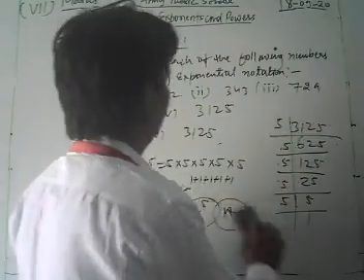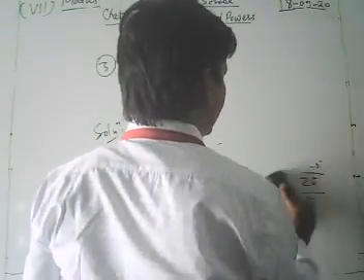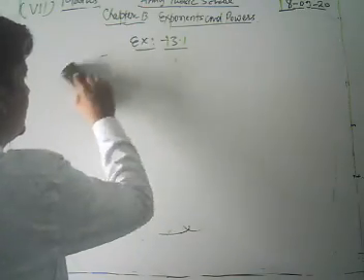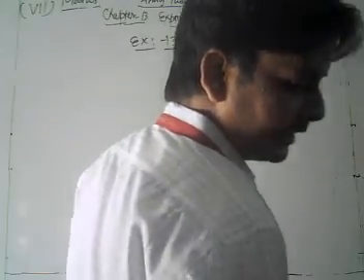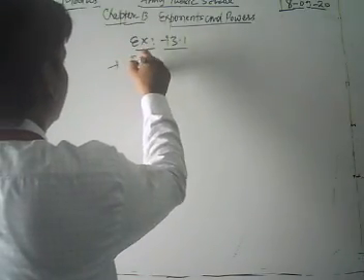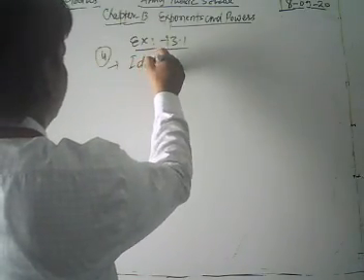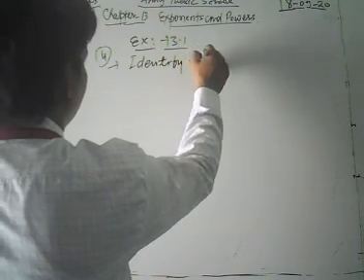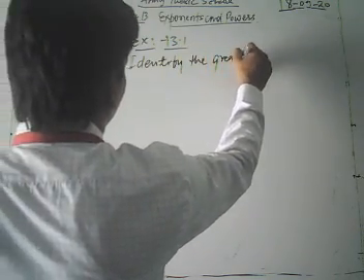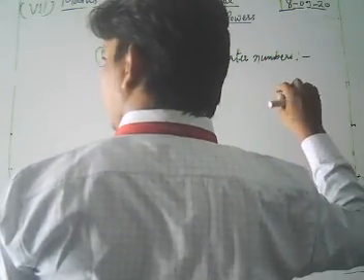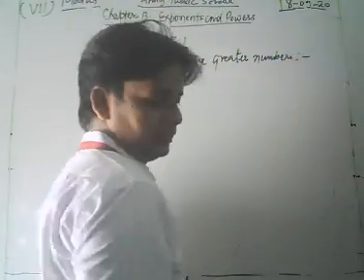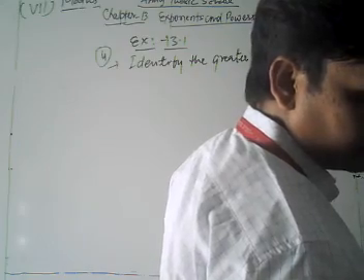Now we take and solve the next question of the exercise 13.1. Look, your question is to identify the greater number. Your question number 4 is identify the greater numbers. Let's see.